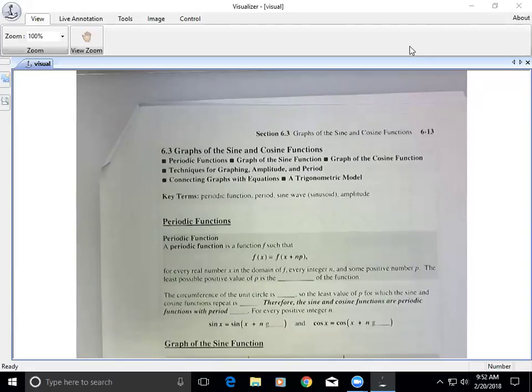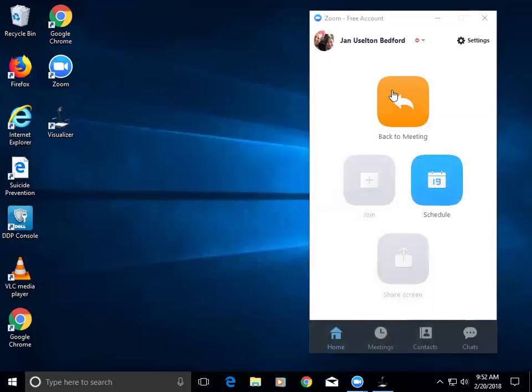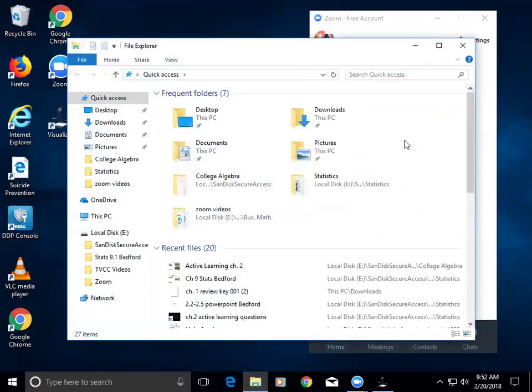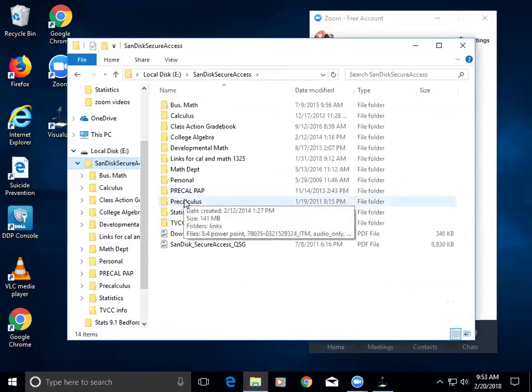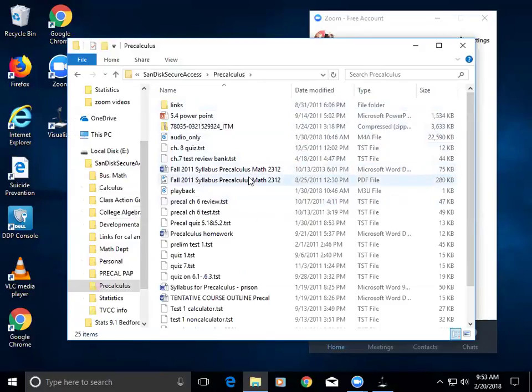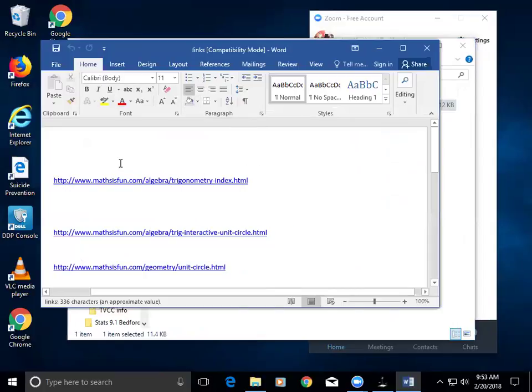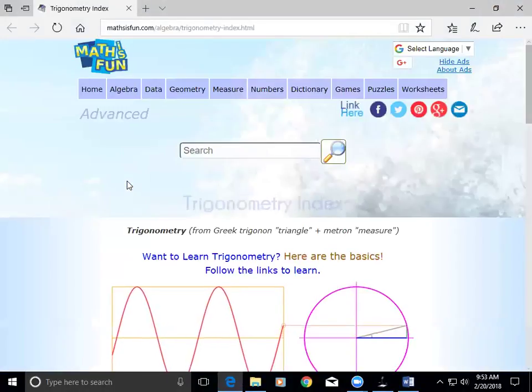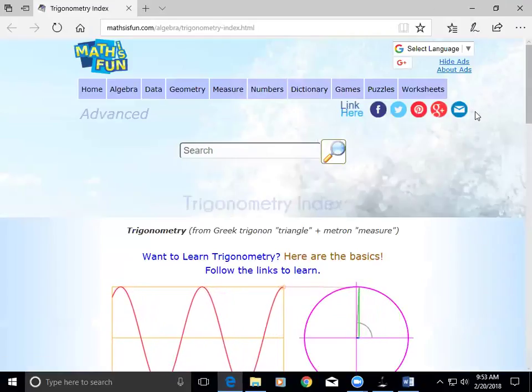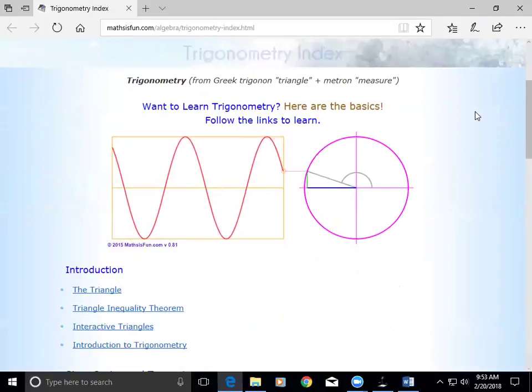Okay, what I want to talk about, let's close that up, is those graphs again for sine and cosine and tangent. Now, I personally think this is kind of a cool site. So you may decide that you would like this link, and if so, I'll be happy to share it with you. But this gives you a quick visual.